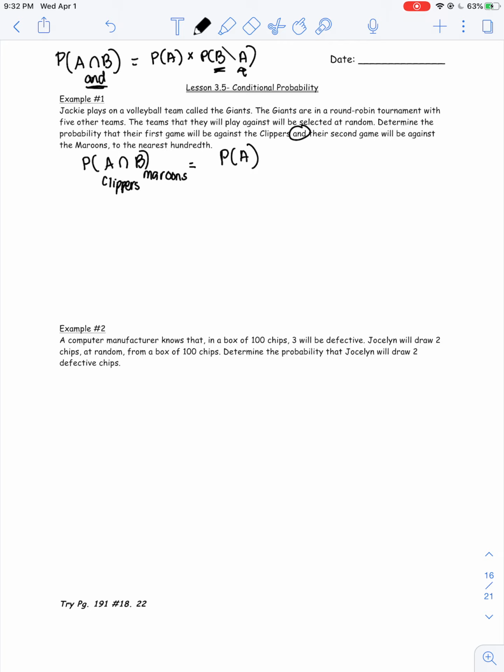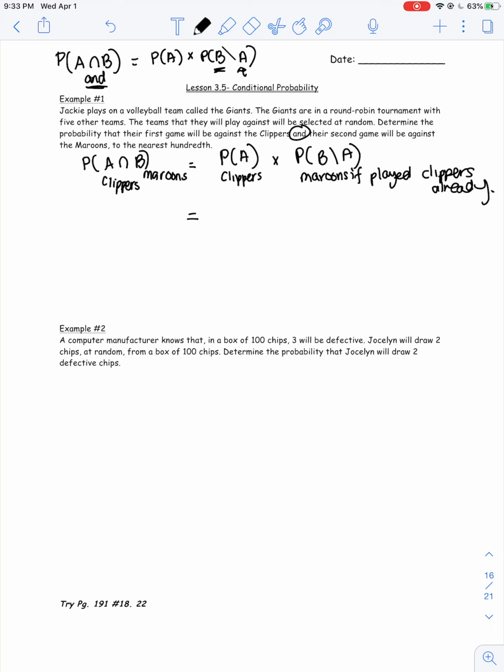So your probability A, the first event that occurs, is them playing against the Clippers, multiplied by them playing against the Maroons if they've already played the Clippers. So in this one, there's just one equation that we have to work with, nothing too crazy.